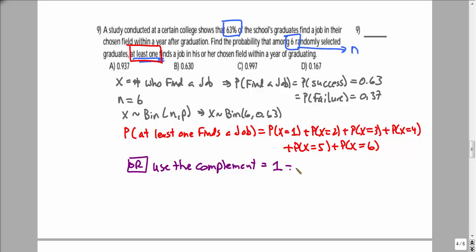The only one I don't have listed here is 0 finding a job. So that's the complement in this particular case. Now if I want to do this by hand, this would be the combination of 6 choose 0, 0.63 to the 0, 0.37 to the 6th.